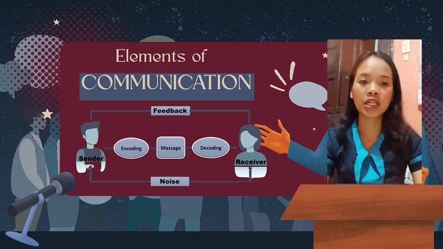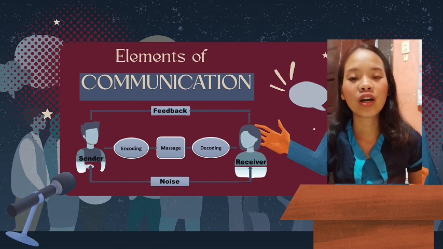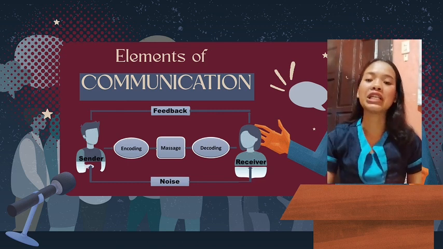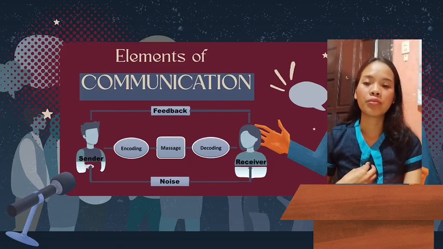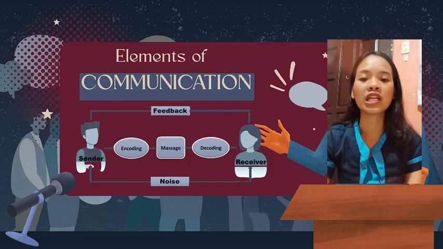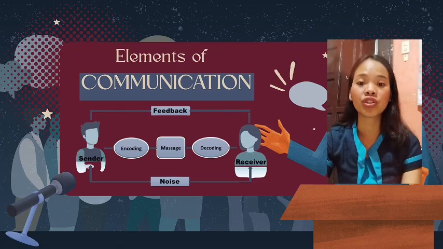Simply, encoding is how we deliver the message, or how we deliver our information. Like I've said earlier, it may be through actions or words that we formulated. That's encoding.